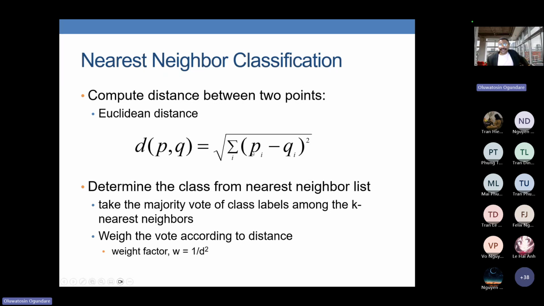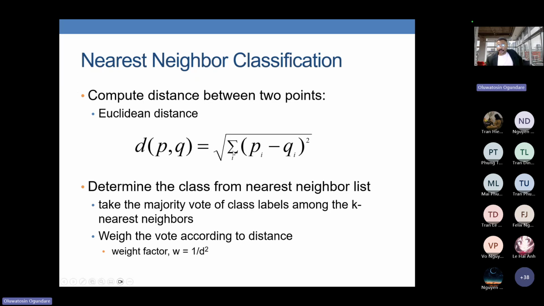And then you add it together, meaning that imagine you have a vector 2, 3, and another vector 3, 2. You would say 2 minus 3, that is 1 squared, plus 3 minus 2, which is the bottom row, and that's also 1 squared, and then 1 plus 1, which is 2, and then this will be the square root of 2. So you're really adding up the squares of the subtraction of the components.